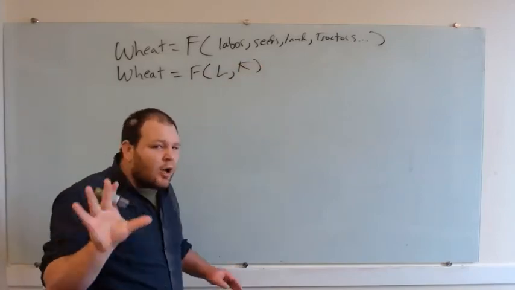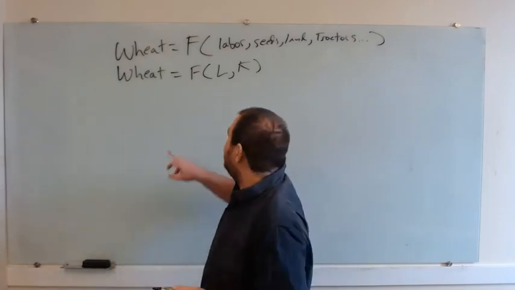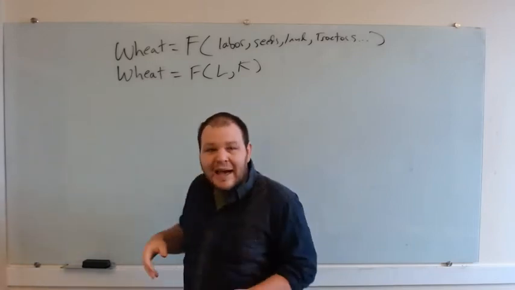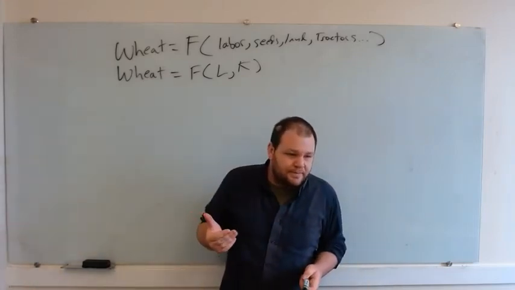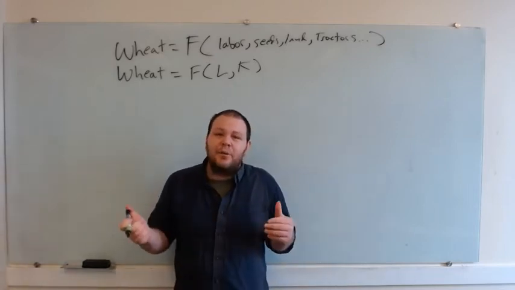In this class, we'll always use these same two inputs. Essentially, what this F of L, K means is: if I have L units of labor and K units of capital, how much wheat can I produce? Make sense?